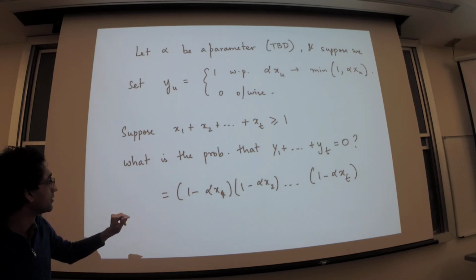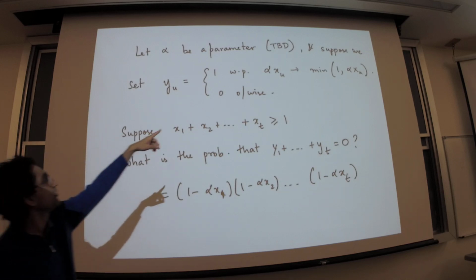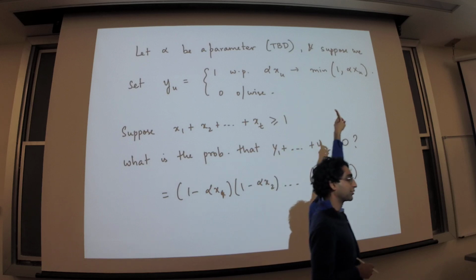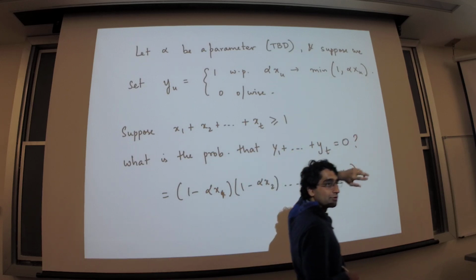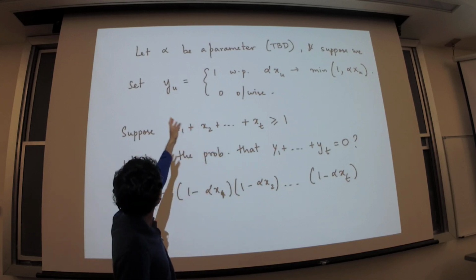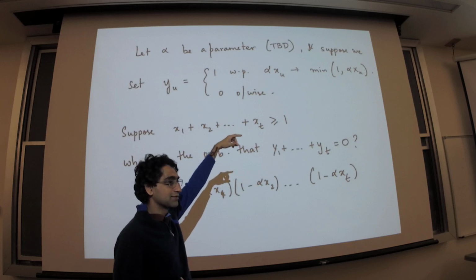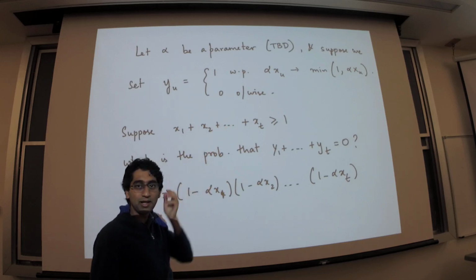So, in fact, I should be a little bit more careful, for the same reason that I had to be careful and write min of 1 comma that. So can someone say what that would correspond to? Like, if it so happened that one of these alpha x_i's was more than 1, then what happens?